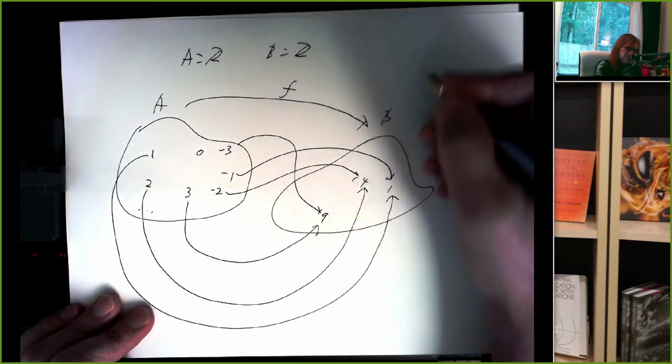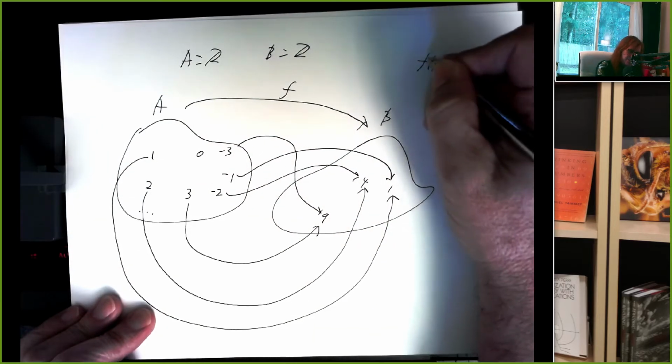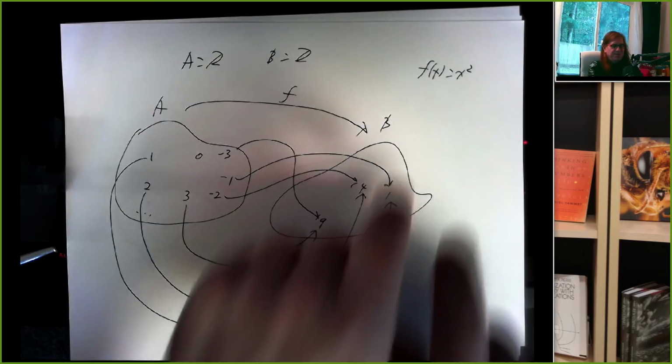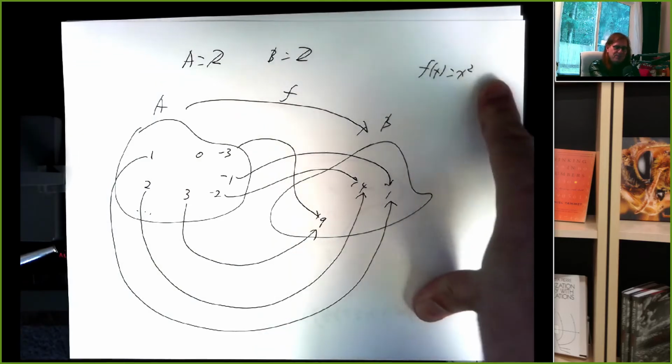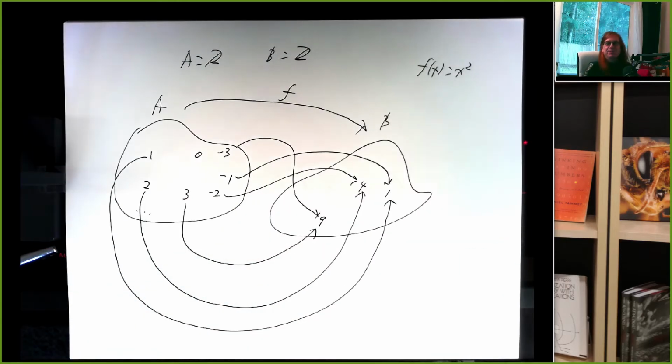Well, this is a function we're familiar with. This is the function f of x equals x squared. Presumably. I've only shown you 7 points, but that's the function I had in mind. So we can write this function as f of x equals x^2, and we know that means multiply by itself, and we can define multiplication and all of that business.